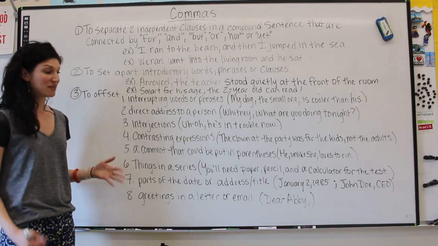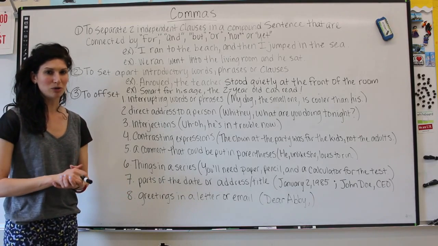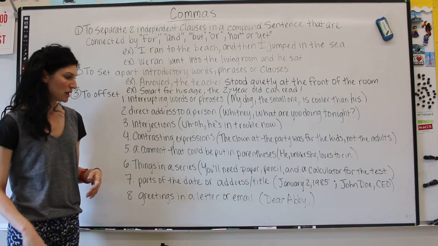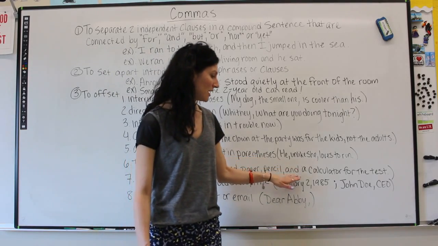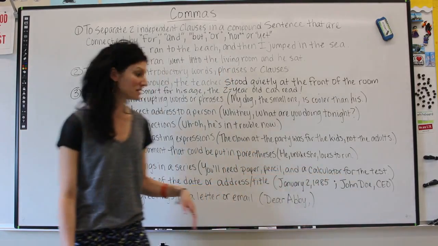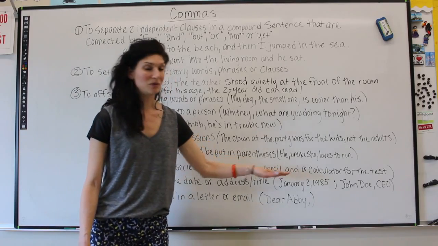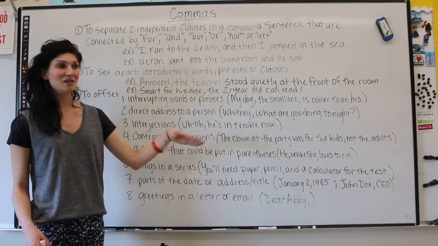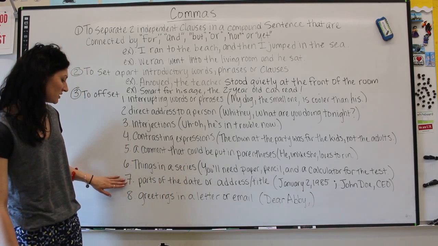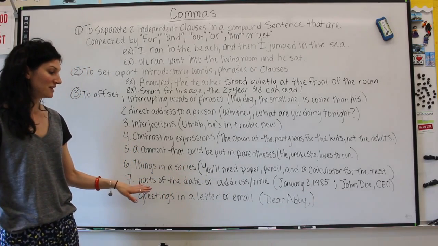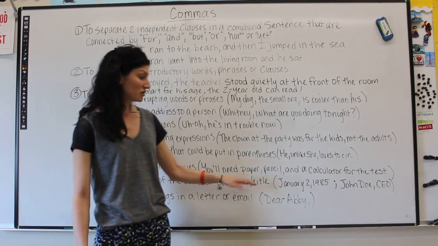Number 6 would be things in a series, which I'm sure you're all pretty familiar with from grade school. For example, you'll need paper, comma, pencil, comma, and a calculator for the test. So this is a series of things that you would need, and you would always use a comma to separate the things in a series or list. Number 7 would be the parts of a date, an address, or a title.